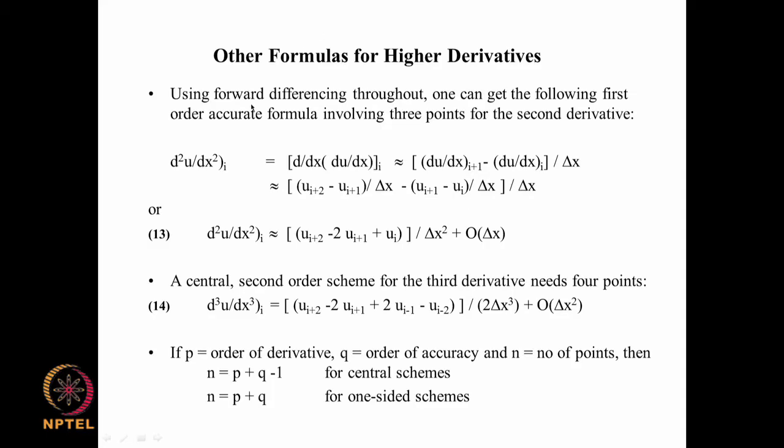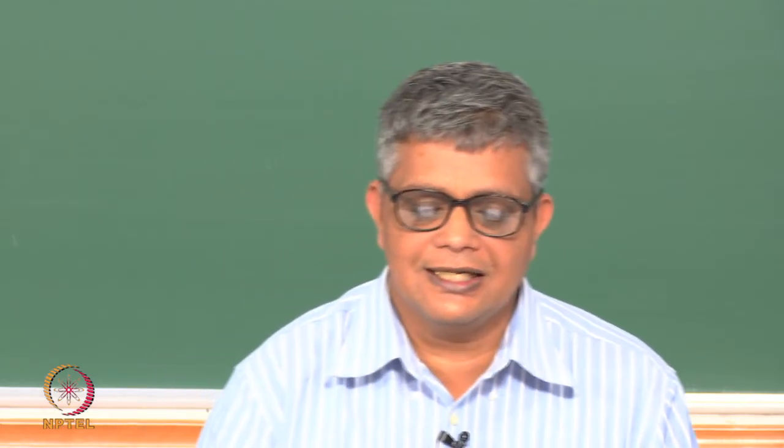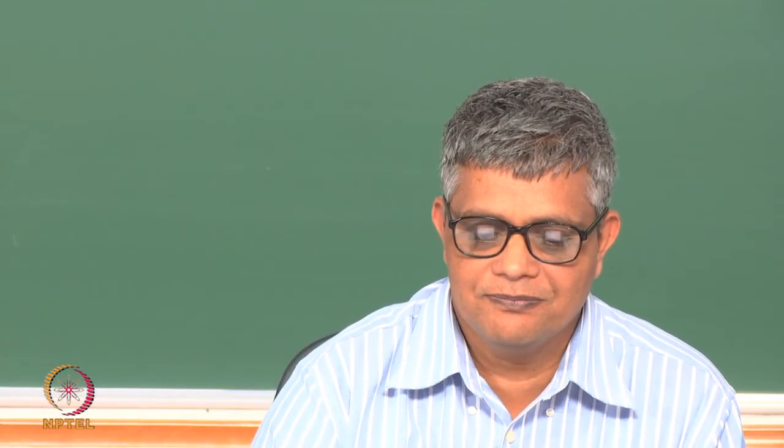For example, when we are at the edges of the domain, then we may not be able to use central differencing, because there may be no grid point to the left of i, the point where we want to evaluate, or there may not be anything to the right side of this. So, in such a case we would have to go for one sided differencing. Okay.